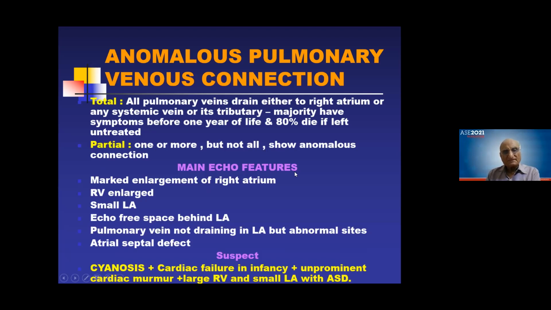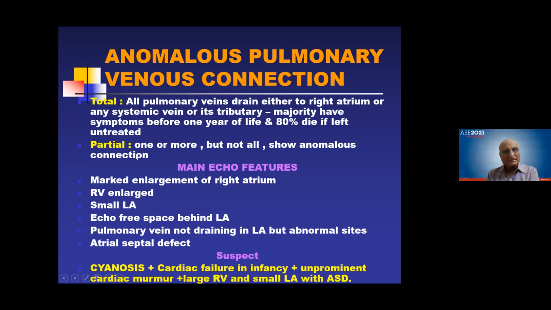Now this is very difficult. I would not want to go into detail, but anomalous pulmonary venous connection, when all pulmonary veins drain into the right atrium or any other place, is known as a total anomalous pulmonary venous connection. Majority have symptoms before 1 year of life, and 80% die if left untreated.